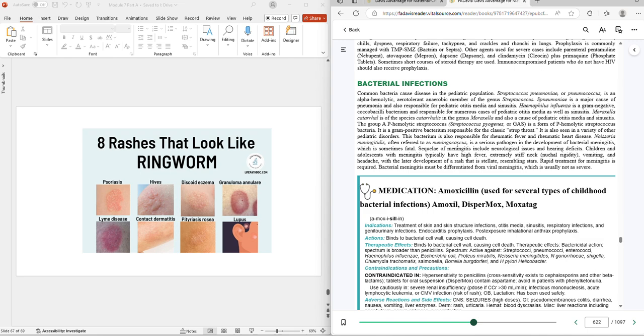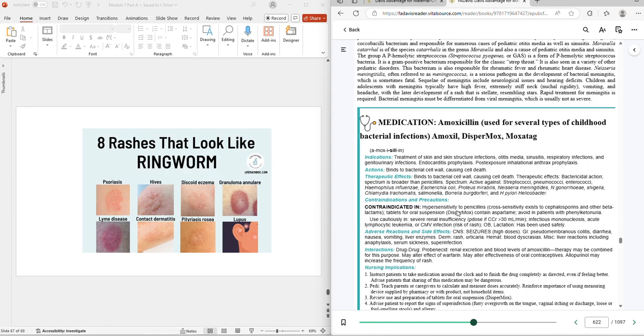Before I move on to the animal-borne, these are rashes that look like ringworms: psoriasis, discoid eczema, hives, Lyme disease, that's our bullseye rash, lupus even, pityriasis rosea, contact dermatitis, granuloma annulare.